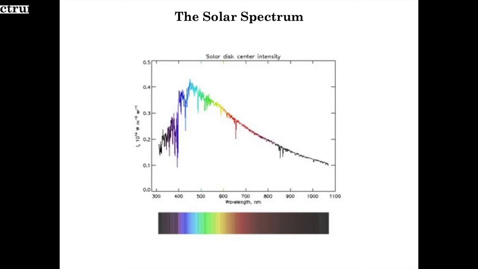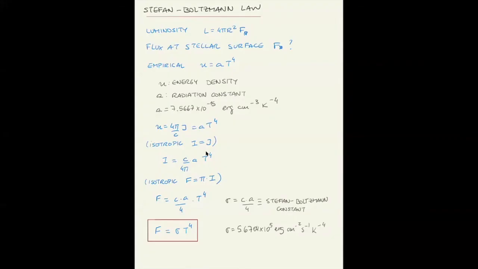Thermodynamical equilibrium is a valid approximation, and we can then write the stellar flux following the Stefan-Boltzmann law. Notice that this also allows us to finally write the luminosity as a function of the radius and the temperature of the star. The luminosity is L = 4 pi r squared sigma T to the fourth power.